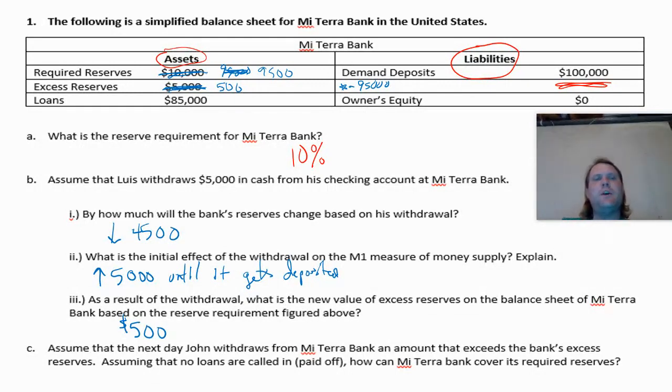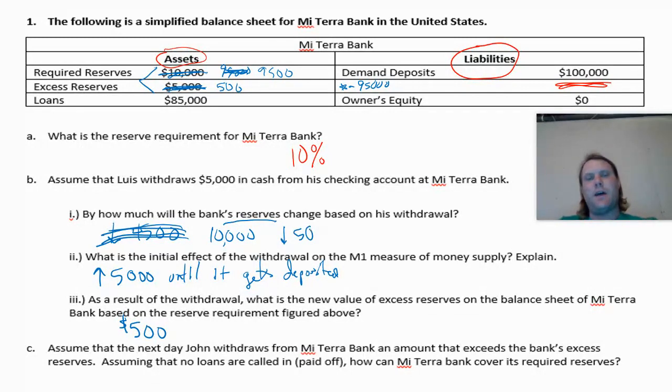Okay. Let me go back. I got ahead of myself. This should not be 4,500. This is just talking about the reserves. The overall reserves is going to change from 15,000, and this is my fault on the verbiage, from 15,000 now to 10,000. Maybe they want you to say it goes down by $5,000.